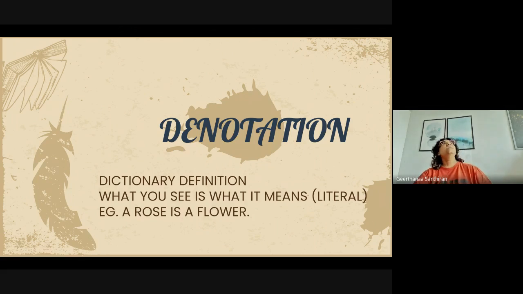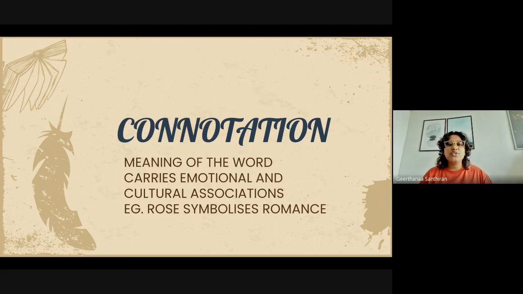But in our society, in real life, IRL, a word is never just a word. It has connotation. It has deeper meaning, symbolism. There is a deeper way we use these words. The meaning of the word carries emotional and cultural associations.